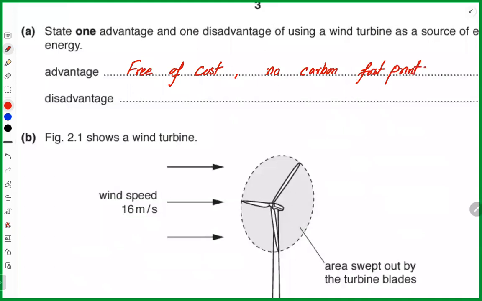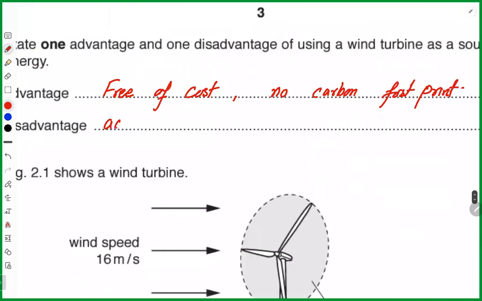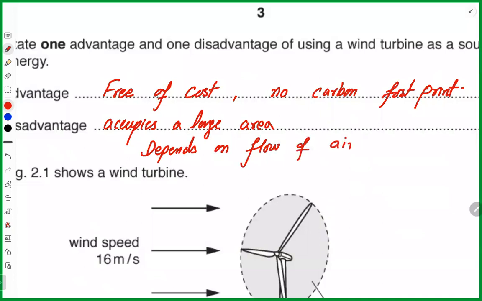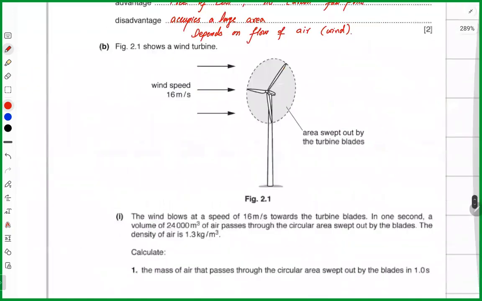Disadvantage: occupies a large area, depends on the flow of air, wind. If there is no wind, it will not produce electricity.